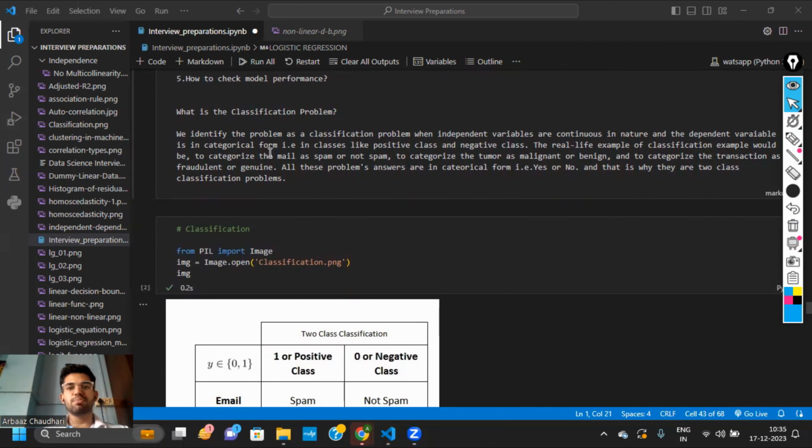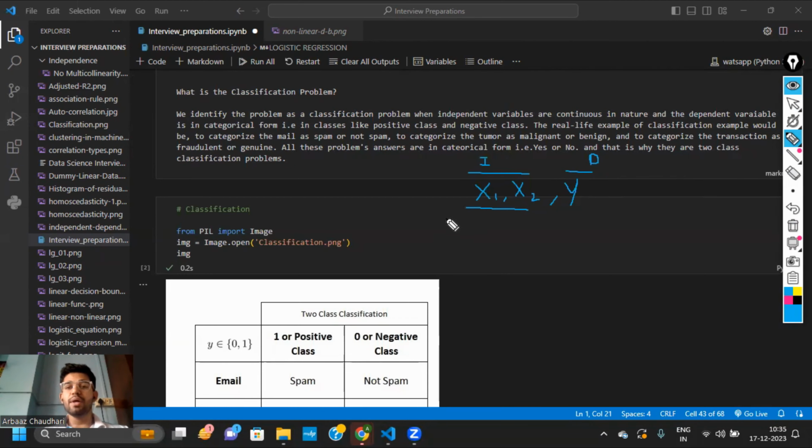Independent variables, which we have discussed, like x1 and x2, so these two are independent variables, and this is the dependent variable. When x1 and x2 are continuous in nature, when the numbers are in continuous form.